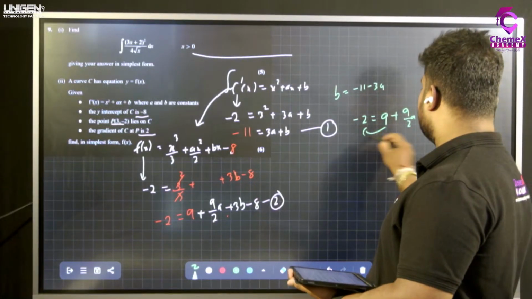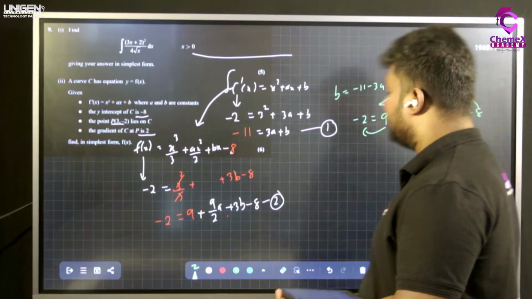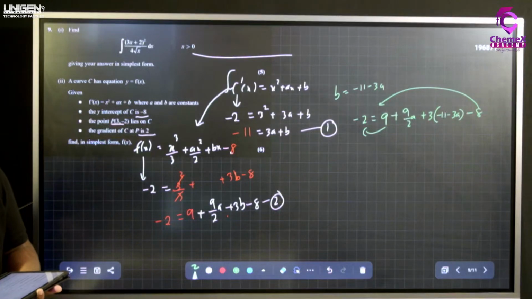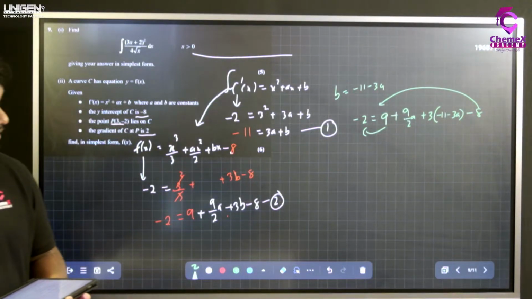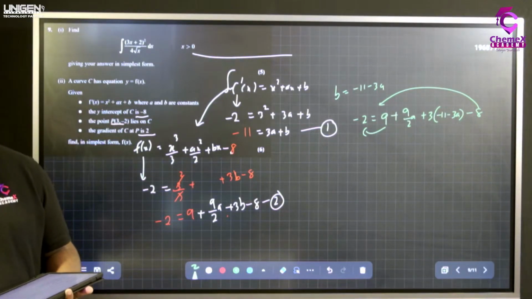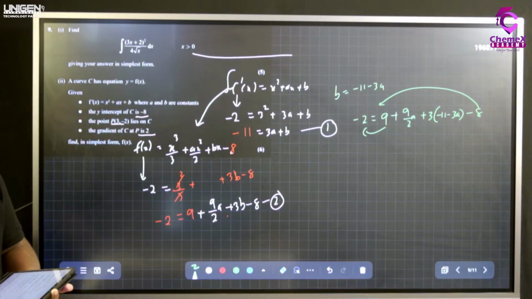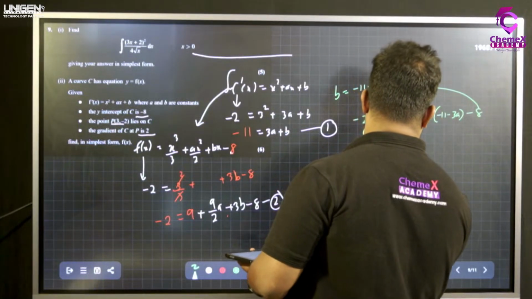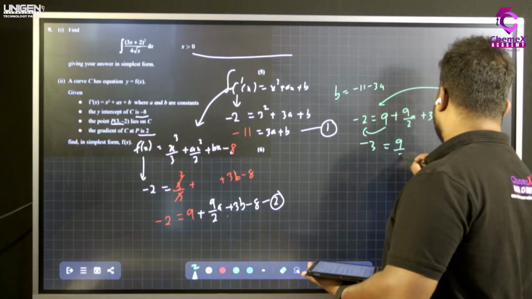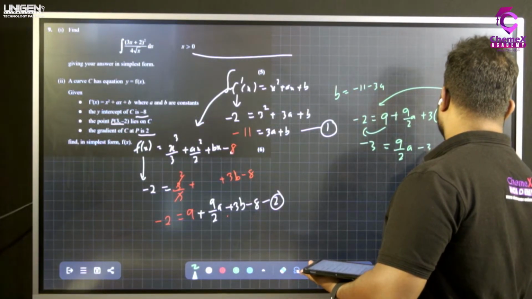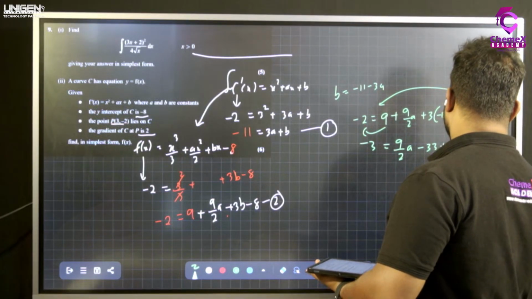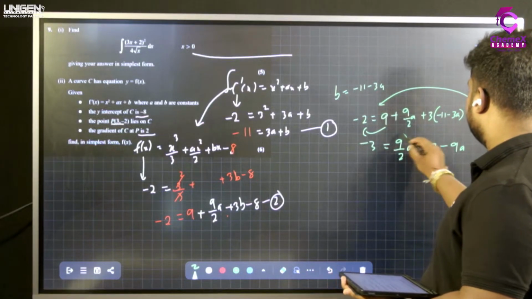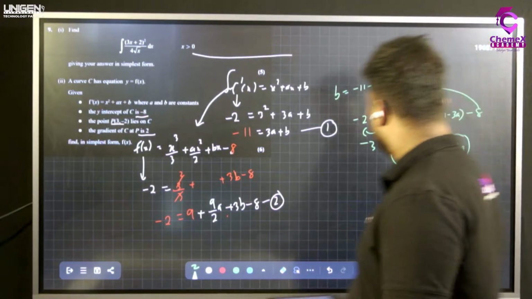So take all the numbers to one side. Minus 2 minus 9 plus 8, so it's minus 3. So minus 3 is equal to 9 over 2a minus 33 plus 9, sorry, minus 9a. 4.5 minus 9a.